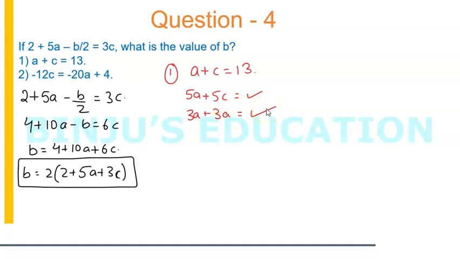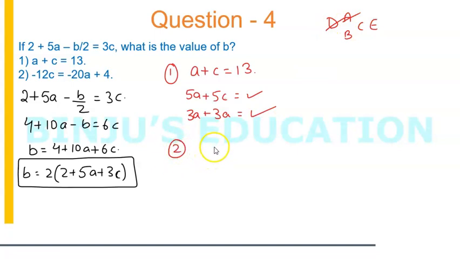But at the same point of time, I will never be able to calculate 5a plus 3c. That won't be possible. So if we talk about statement A alone, the information given to us in statement 1 alone is not sufficient, which means A goes out and D goes out.